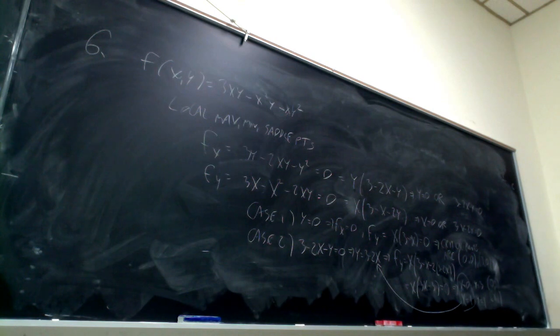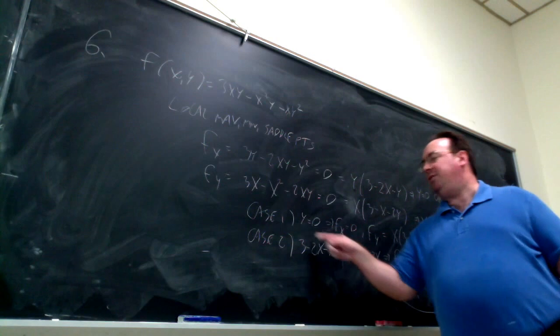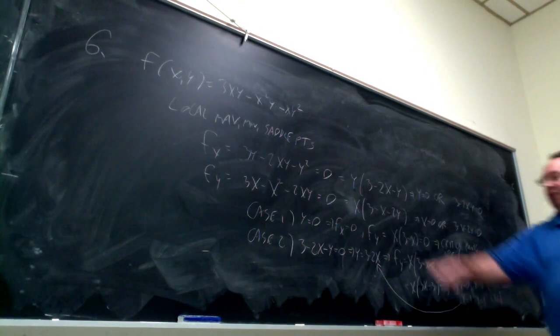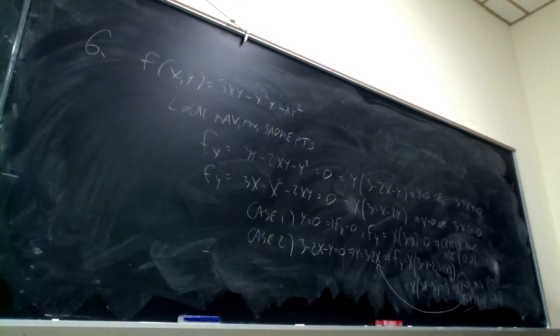We've exhausted all the possibilities now, because these two things are the only way to make f_x equal to 0. We can't go back and try anything else. And so we followed those paths to their ends, and now we have 4 critical points altogether.